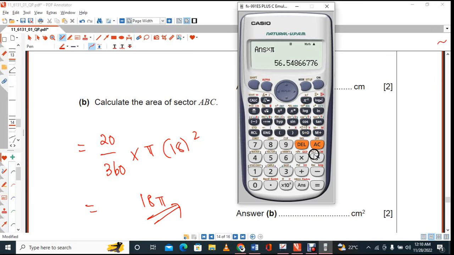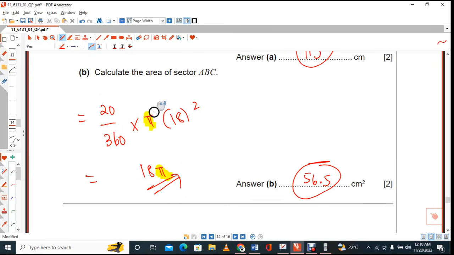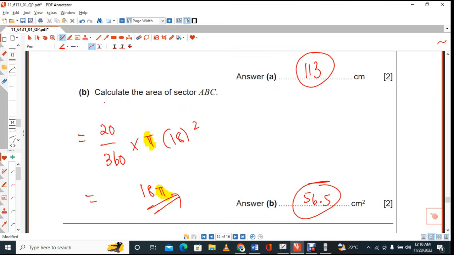The decimal answer is 56.5, depending on what value of pi you are using. Some people are using 3.142. Some people are even using 22/7, which is something that we don't really want, because the instruction right in the beginning said you can use a calculator value or you can use 3.142.